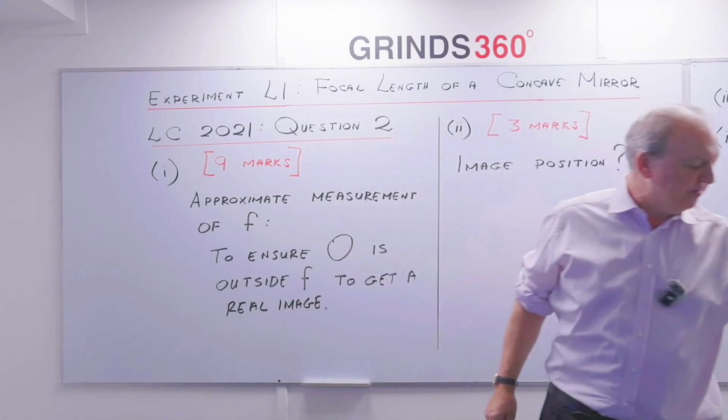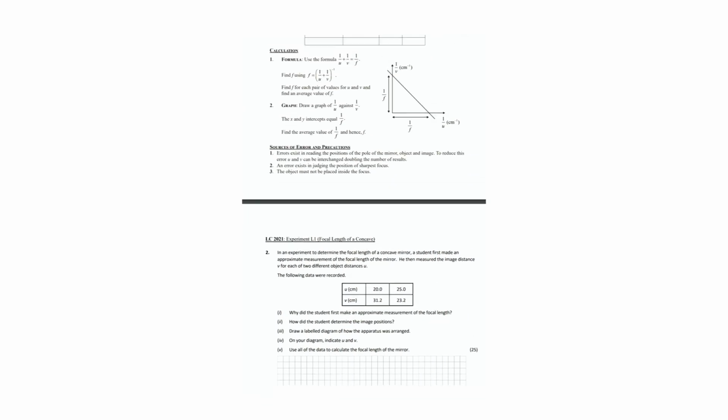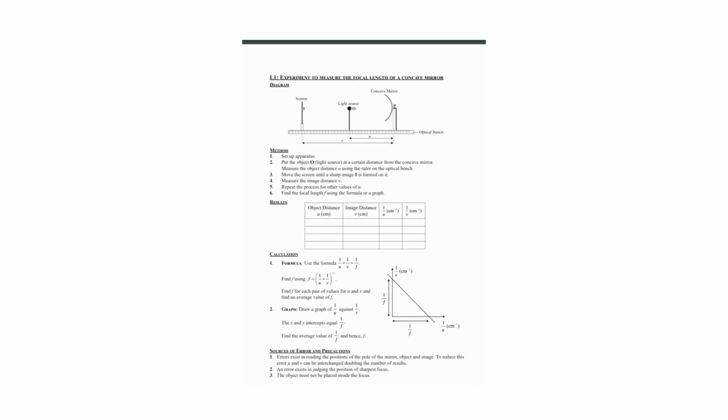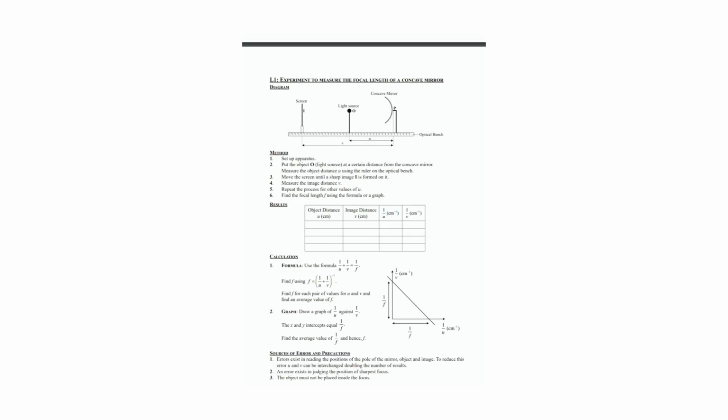Second part of the question. They're asking me, how did the student determine the image positions? Well, that's easy enough. I go back to my diagram of the experiment here. I determine the image position by moving the screen, which is here, in and out, until a sharp image is formed. We'll draw the diagram in a few minutes, but that's essentially all they are asking there.